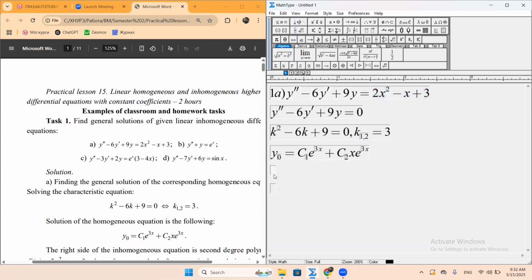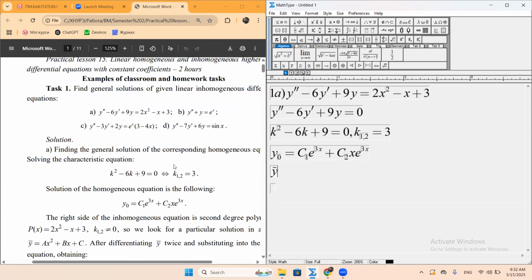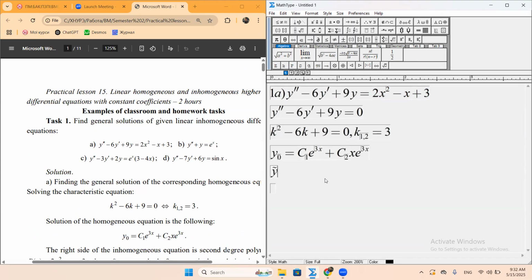So the partial solution will be found as a polynomial of power 2 with undefined coefficients. How to find it? We will substitute it into the initial equation.